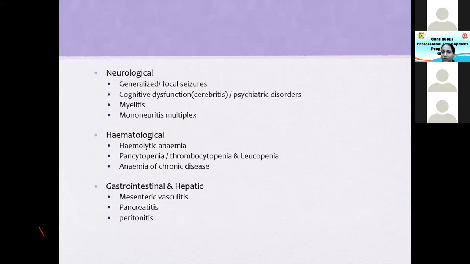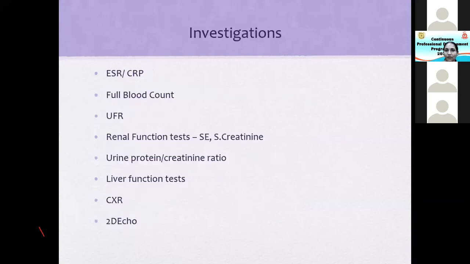Hemolytic anemia, pancytopenias, or bicytopenias can be seen, as well as anemia of chronic disease. Mesenteric vasculitis, pancreatitis, peritonitis are some of the gastrointestinal manifestations.